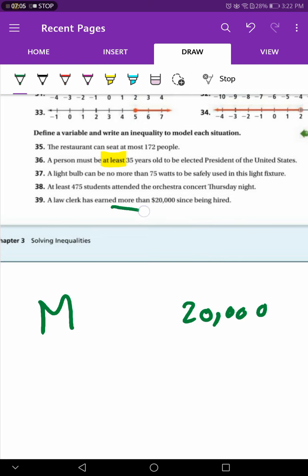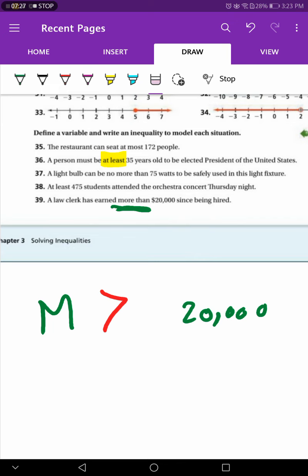Now he said more than, so M greater than 20,000. It is more than, so there is no equal actually. It is more than 20,000.